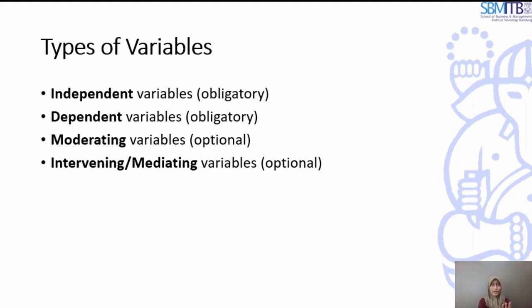The optional variable roles are the moderating and intervening or mediating variables. Please don't get these 2 mixed up. One is moderating and the other is mediating. Okay, now let's discuss them one by one.